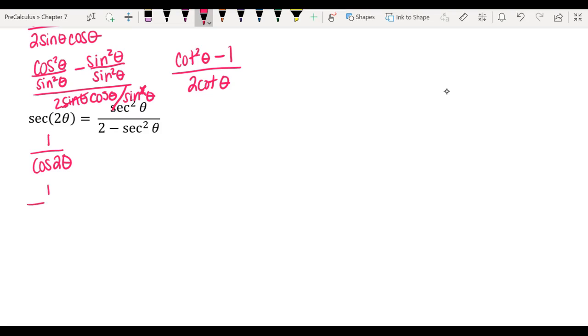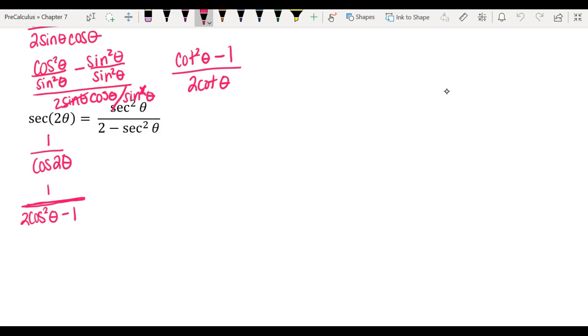So that gets me 1 over, is it cosine? 2 cosine squared of theta minus 1. This is where I'm at. Okay? This one follows the same procedure we just did. If I look at this piece, this piece just turns into what number? 2.